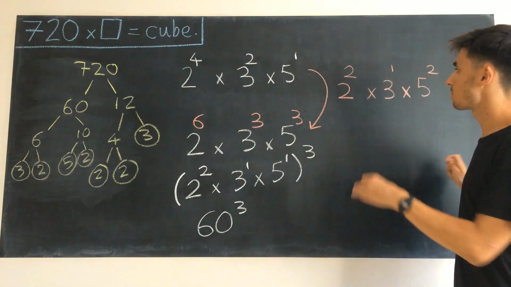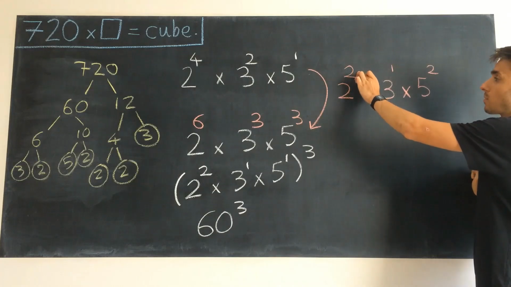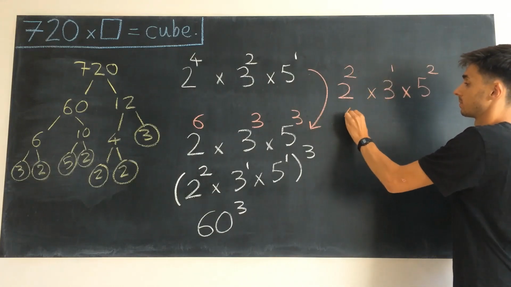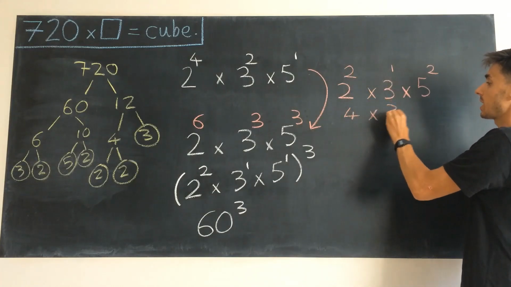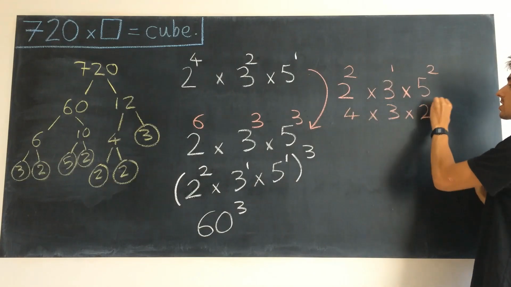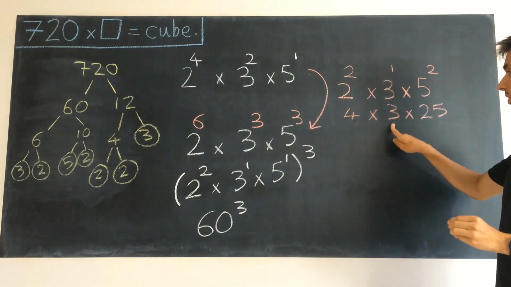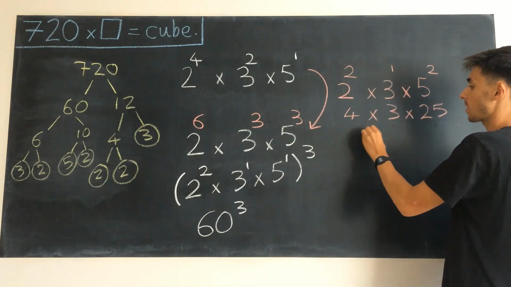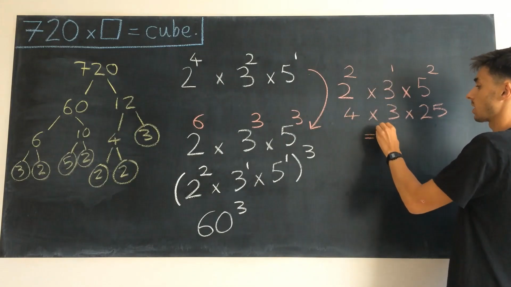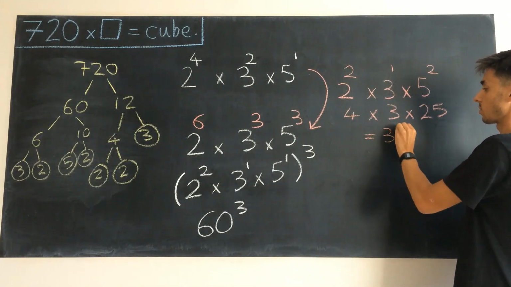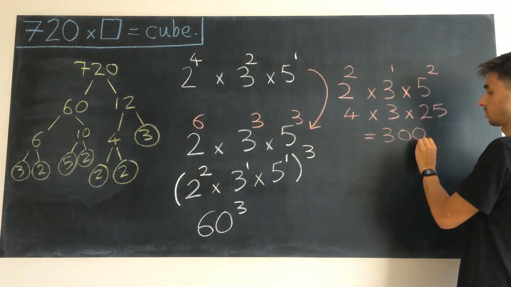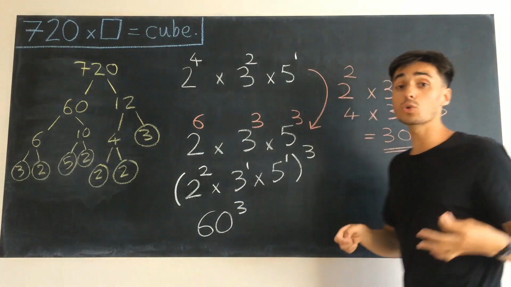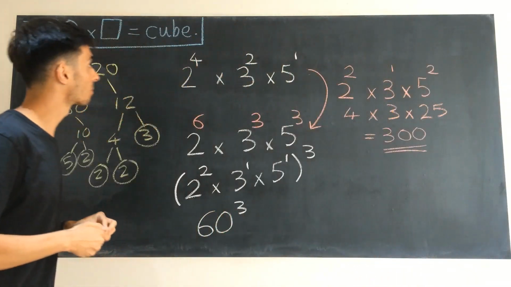And sorting those powers out, 2 to the power of 2 is 4, times by 3, 5 to the power of 2 is 25, 4 times 3 is 12, times 25, this would give us a times 300. So those were the two numbers we were looking for.